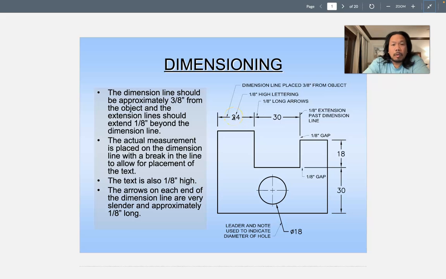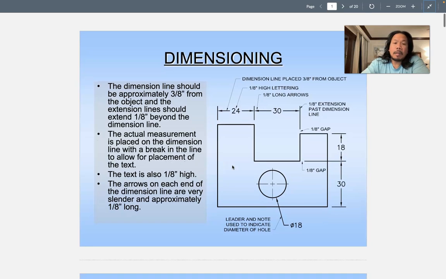And then also the arrowheads are 1/8 of an inch long. And then also there is a gap, which is 1/8 of an inch again, between the edge and the extension line. So this slide right here talks about all of these rules, and we're going to practice this in a bit.